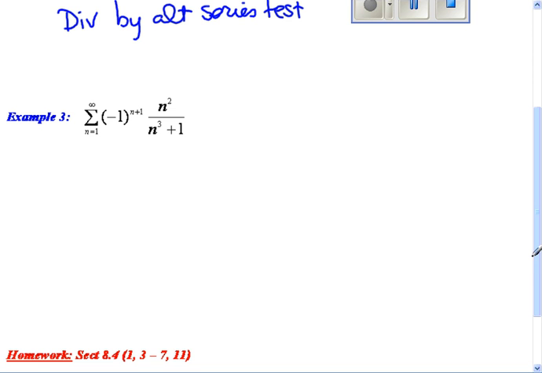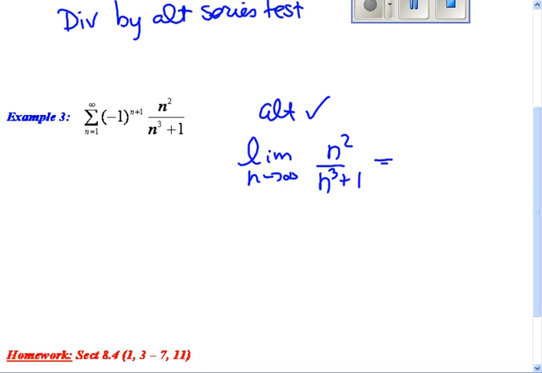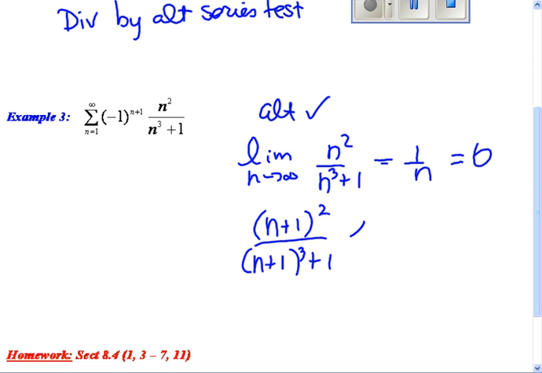Okay, what about this one? It's alternating, right? What's the limit as n goes to infinity of n squared over n cubed plus 1? So it goes like 1 over n, so it's going to what? 0. Is it getting smaller? They're not going to make you prove it, but this term, n plus 1 squared over n plus 1 cubed plus 1, is that less than this?